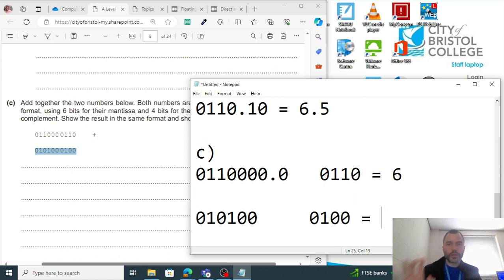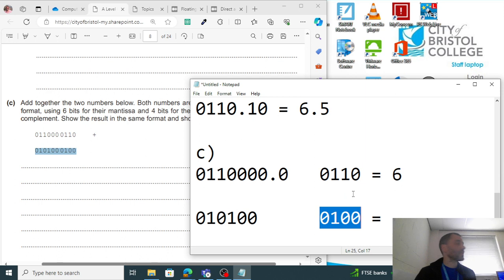What's this one then, Zion? What's that exponent? What's the value of it? So is that just a normal number, or is that? This is a binary number.